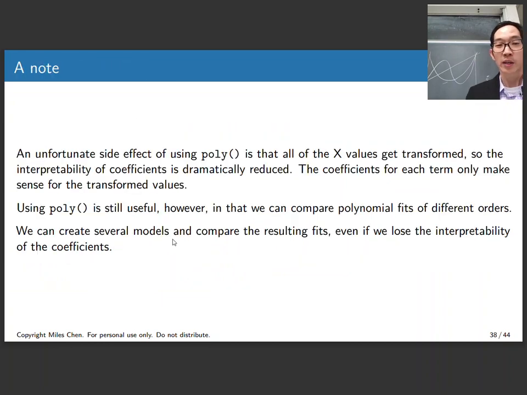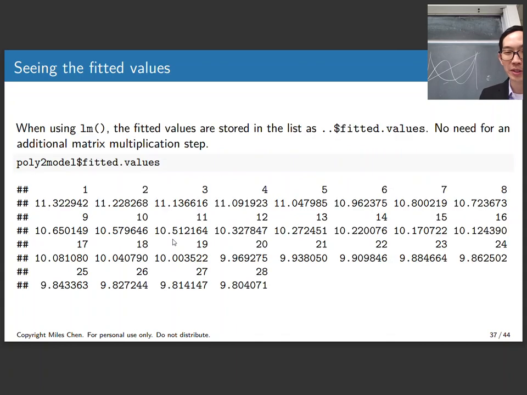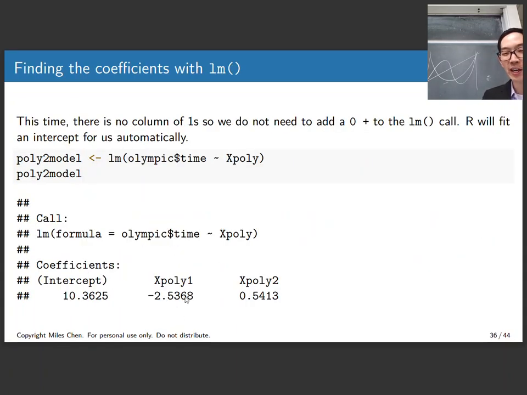One of the side effects of using poly is that all of the x values get transformed, so your interpretability is much reduced. These coefficients that we have for x poly 1 and x poly 2 no longer have the original meaning.